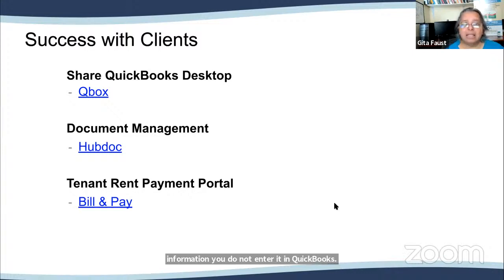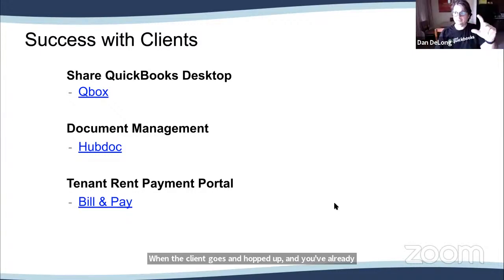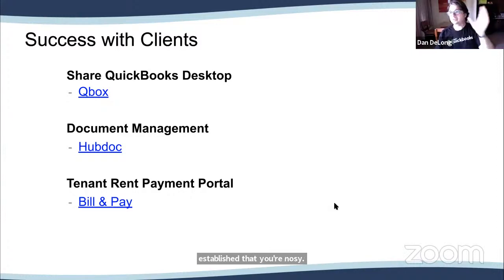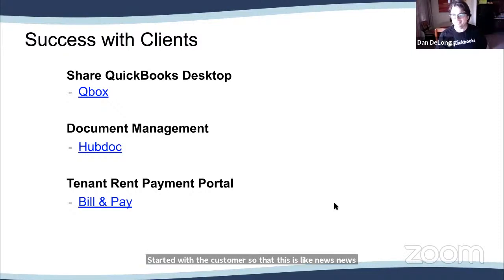So you tag that document as question. And you have a notes button in HubDoc, you add a note and you save it. When the client goes in HubDoc. And you've already established that you're nosy before you even started with the customer, so this is not news to them, why you would be asking these questions.